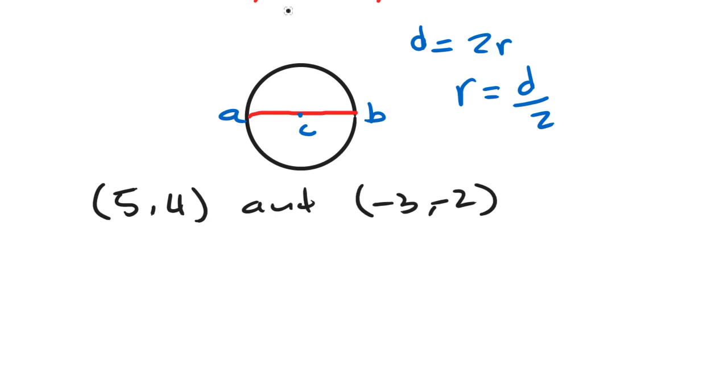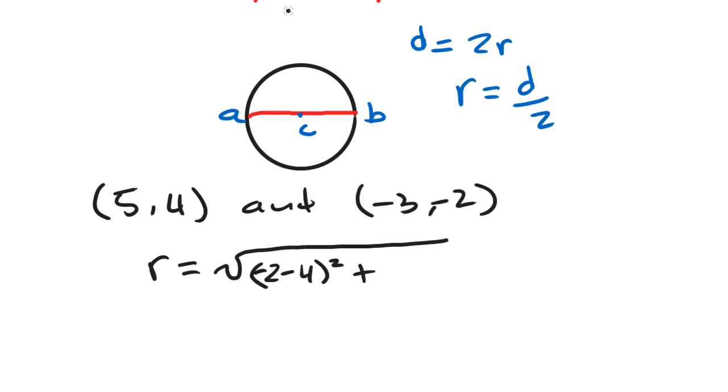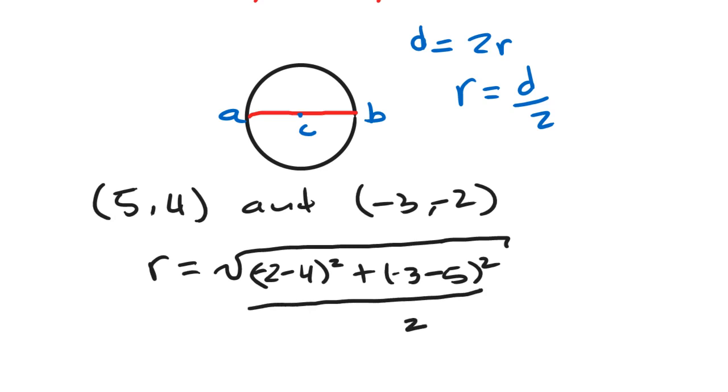Well, if this defines the endpoints of the diameter, then we can immediately say that r is equal to the square root of, how about -2 minus 4 squared plus -3 minus 5 squared? And what do we need to do? Well, we need to divide that by 2, right? So that's divided by 2.